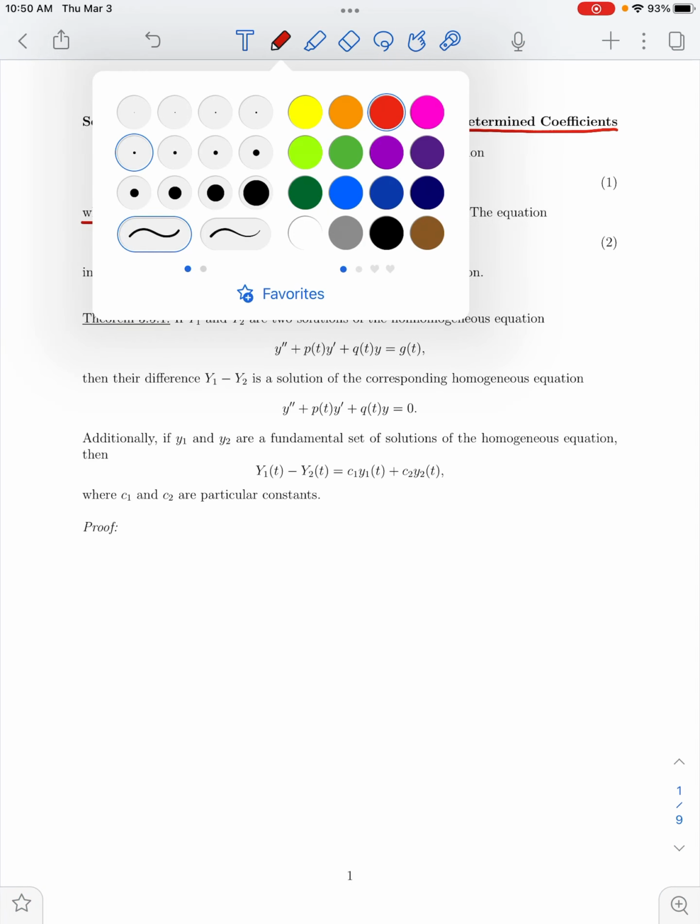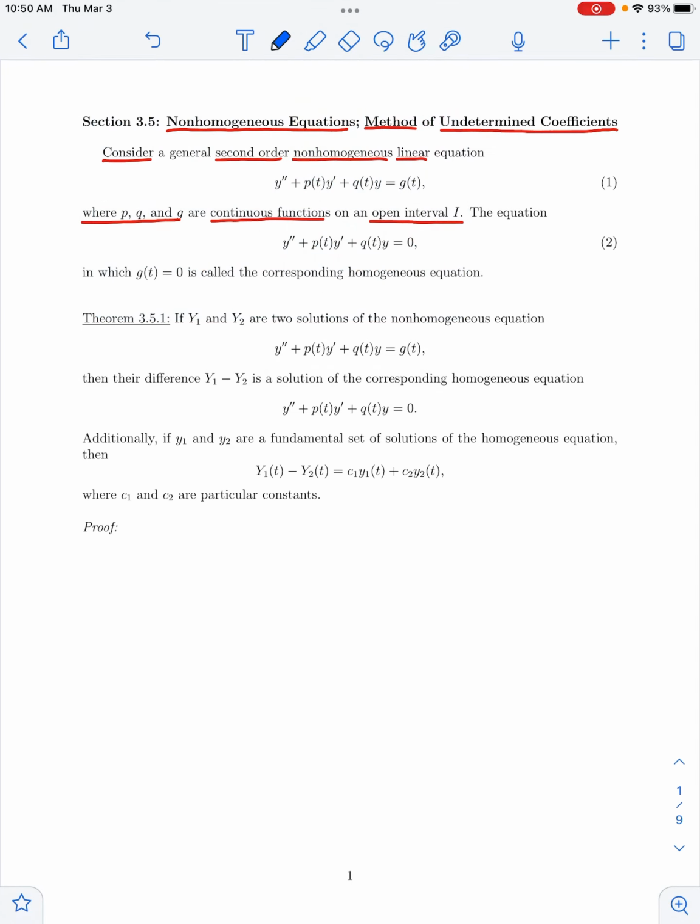A little review of our terminology here: we say that a second-order linear equation is non-homogeneous if this right-hand side, this g(t) function, is anything other than 0. So far, we've been working with homogeneous equations where that g(t) function is 0.